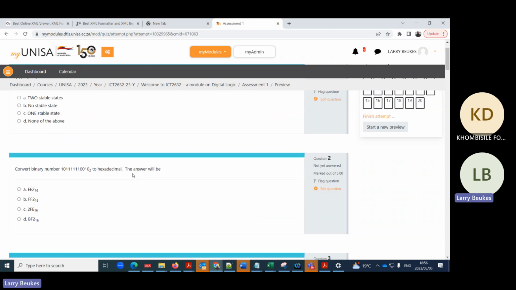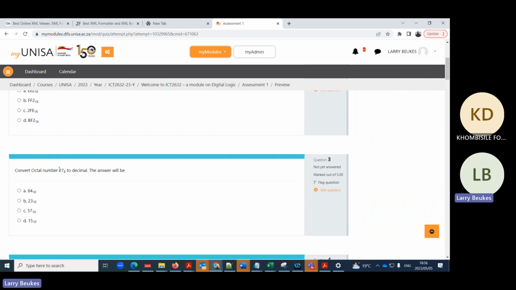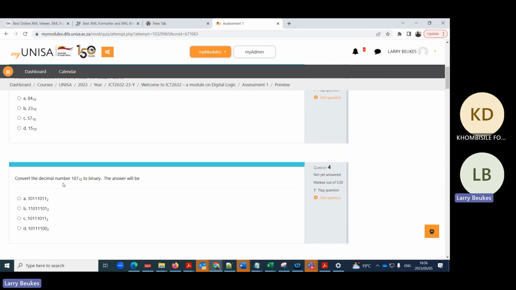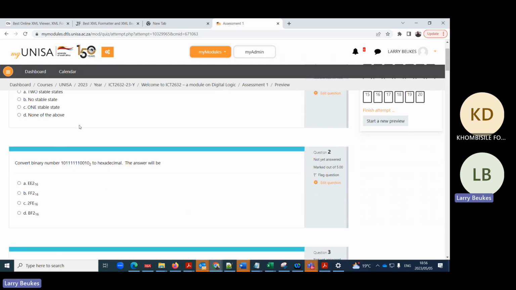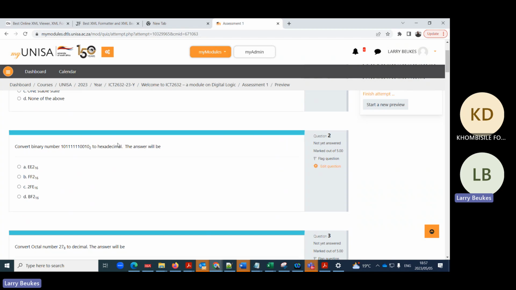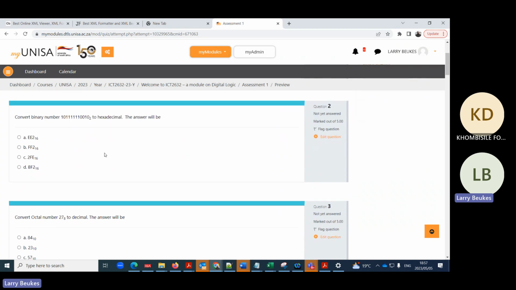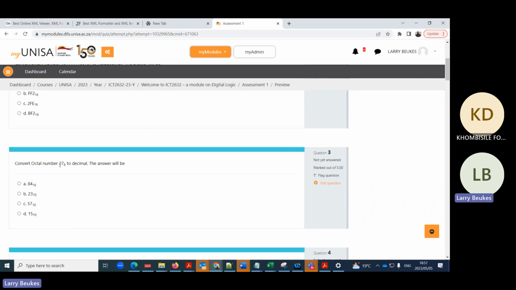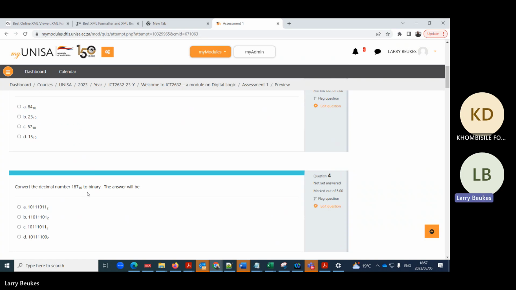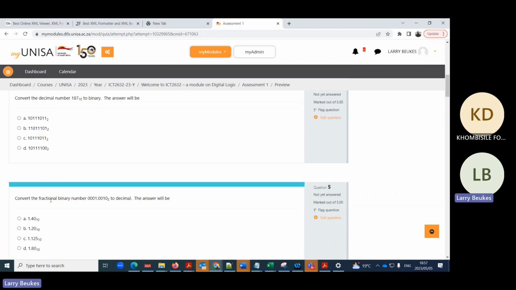Convert to hexadecimal, so we can look at converting to hexadecimal. Convert octal number to decimal, we can look at octal. Convert decimal, this you are able to do. Convert binary to hexadecimal, this we touched, so we're going to convert to hex quickly. Octal number to decimal, it's not a problem. Then this you are able to do to binary. Fraction binary, this you are able to do.